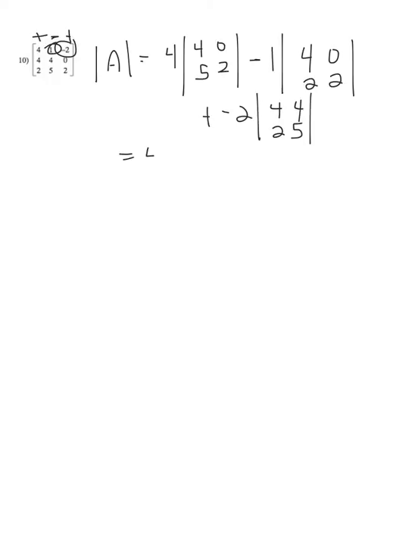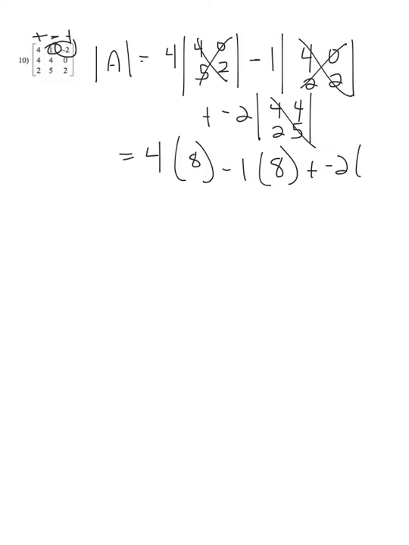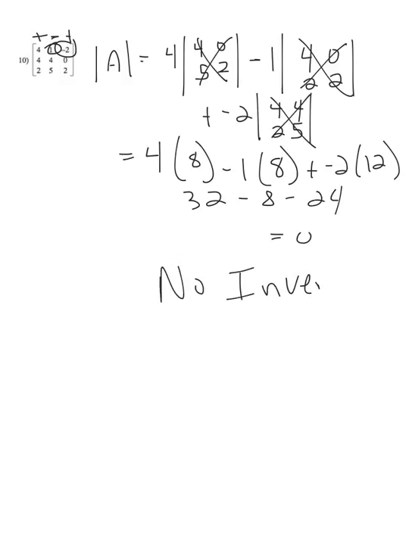Okie doke, so we have 4 times these two is 8 minus 0. Minus 1 times there's 8 minus 0. Plus -2 times there's 20 minus 8. So we've got 32 minus 8 minus 24. Well, looky there, that equals 0. This one has no inverse. That's a nice way to stop.